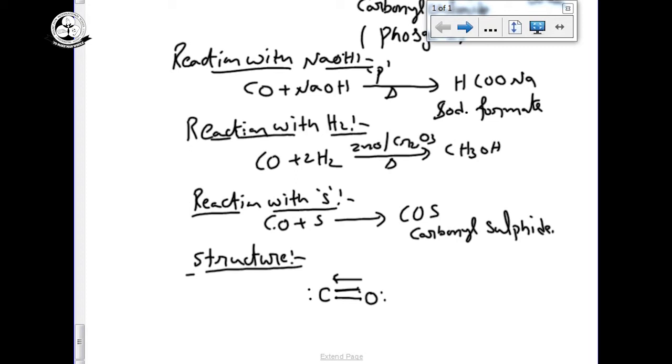So in carbon monoxide we form 2 sigma bonds and one coordinate covalent bond. This is the Lewis dot structure for carbon monoxide. So this is the preparation and properties of carbon monoxide. In the next class we will see the preparation and properties of carbon dioxide and carbonic acid, suboxides, and the remaining discussion about silicon.